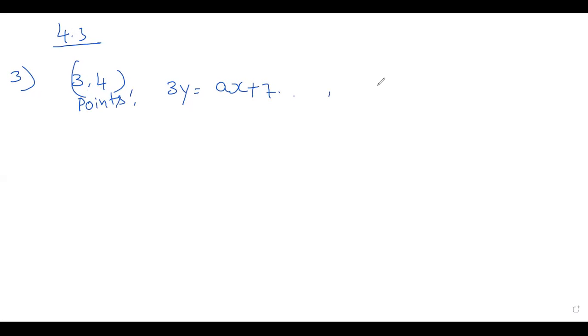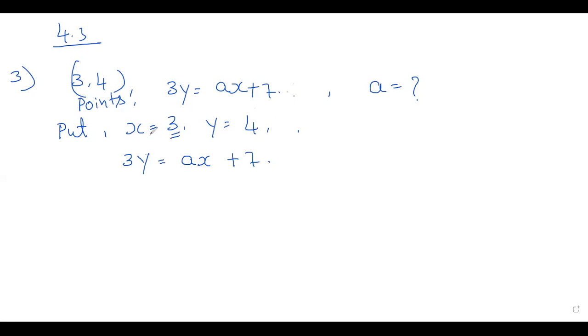You have to find the value of a here. Okay, children. So write, put x is equal to 3, y is equal to 4 in the given equation. Okay, I will write the equation. 3y is equal to ax plus 7.